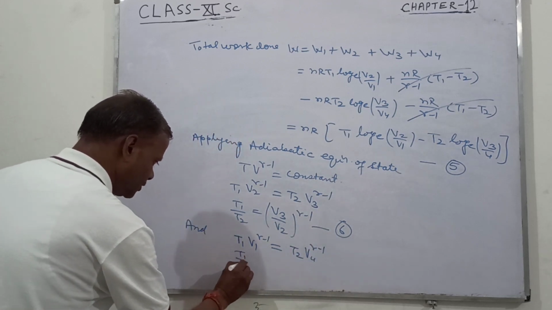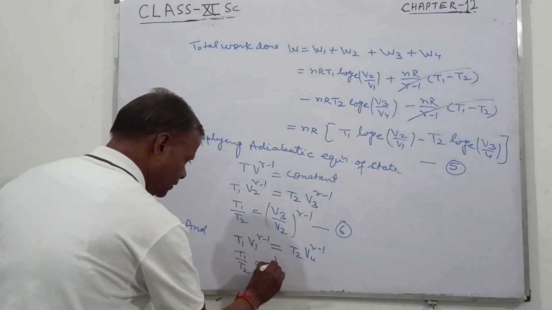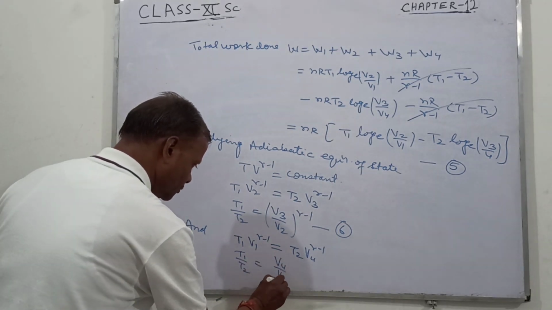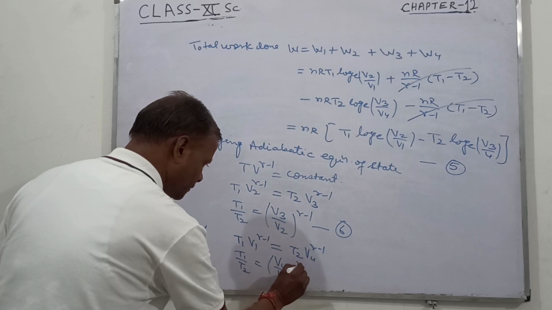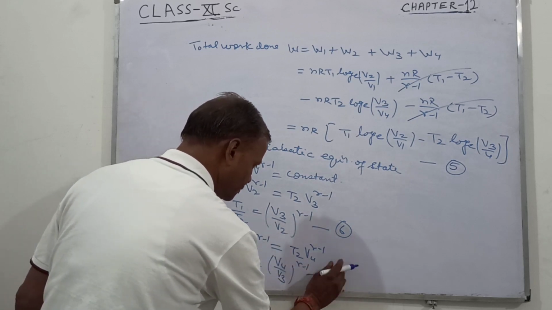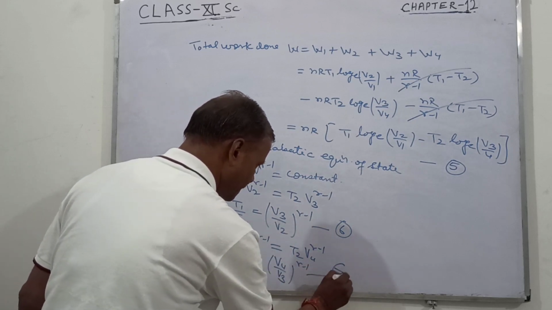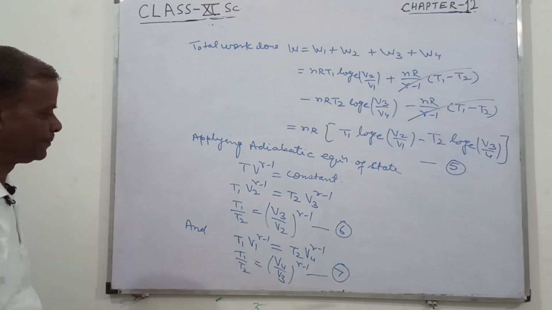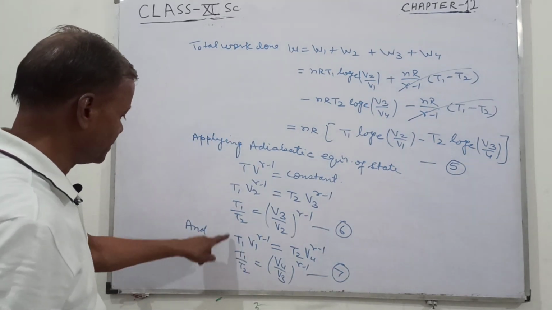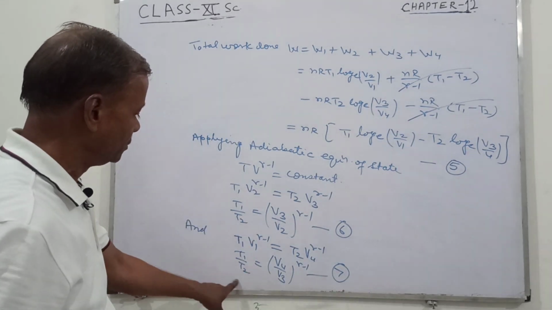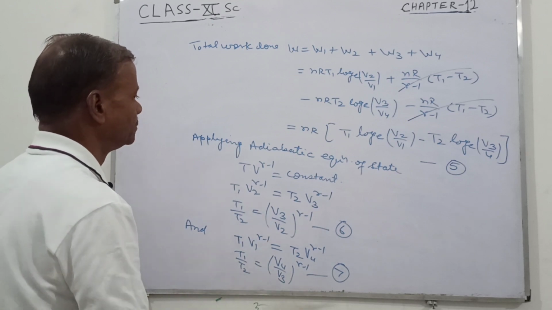So T1 upon T2 is equal to V4 upon V1 raised to power gamma minus 1. This is equation number 7. So now from equation number 6 and 7, T1 and T2 are equal, so they must be equal.